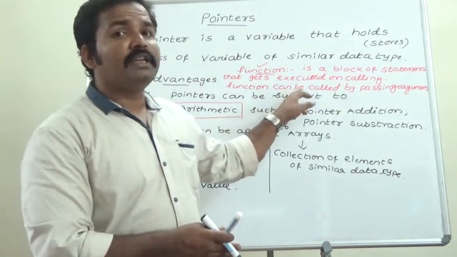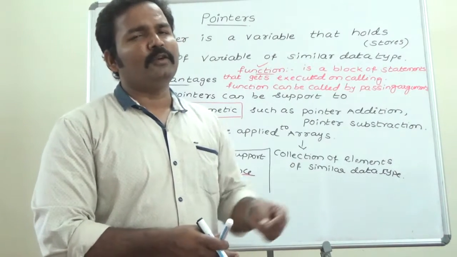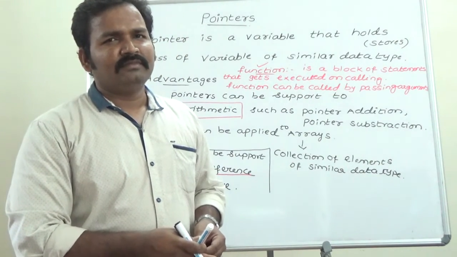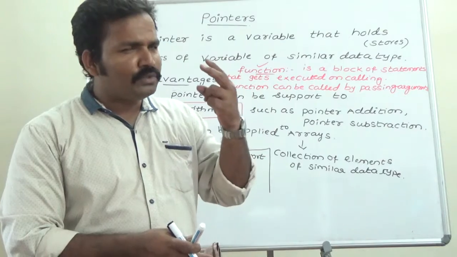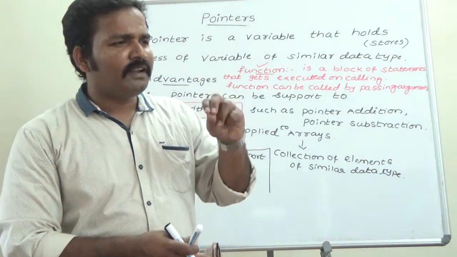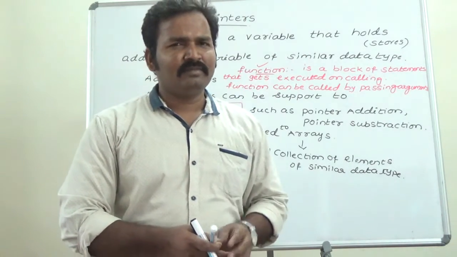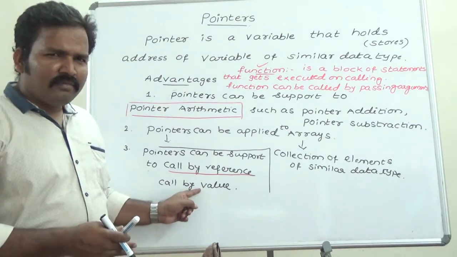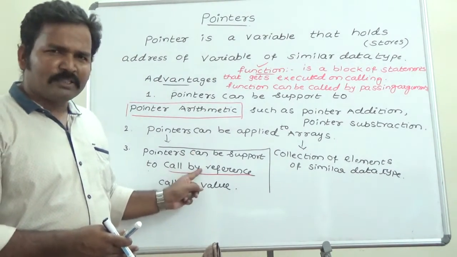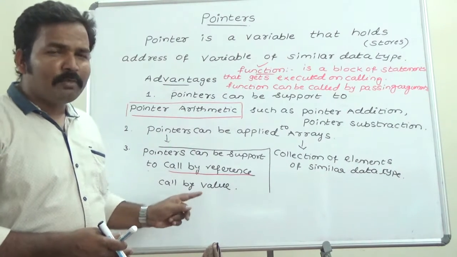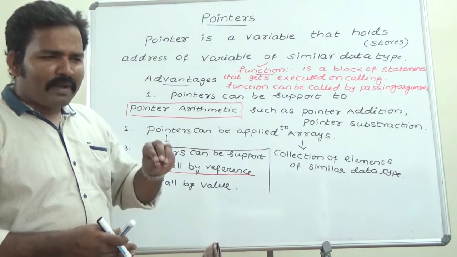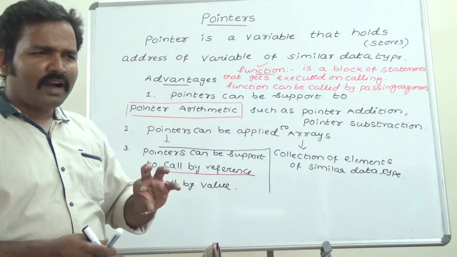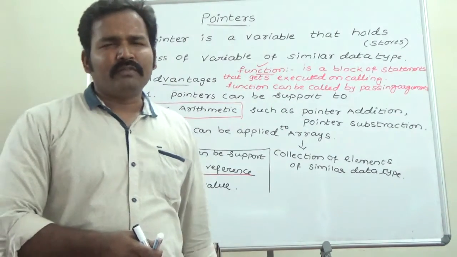A function can be called by passing arguments, and by using the two mechanisms, call by value and call by reference, we can pass arguments from the calling function to the called function.